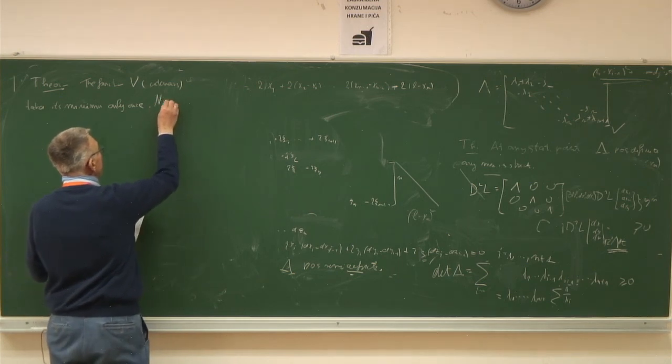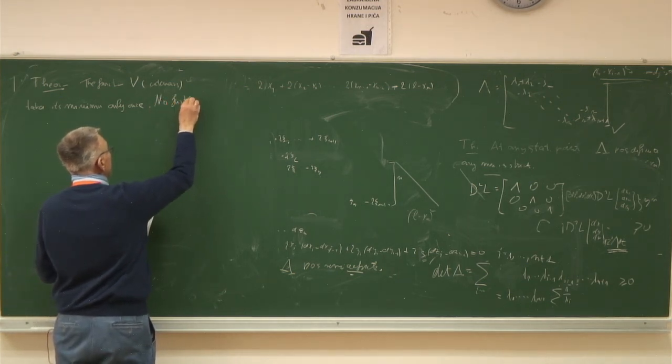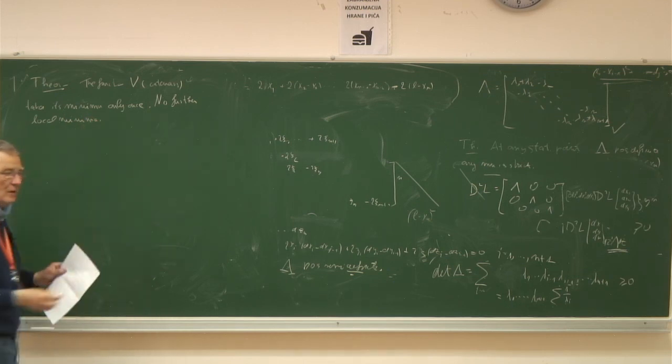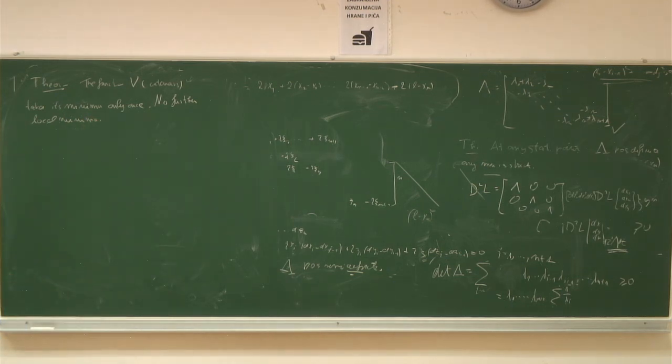No further local minima. This solves completely the problem of the catenary in the space, in the 3-dimensional space. Some of this will remain valid in 2 dimensions, but not everything.